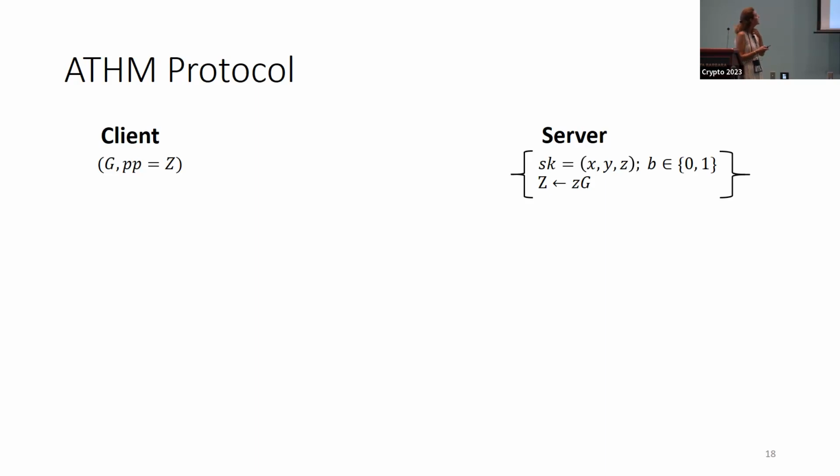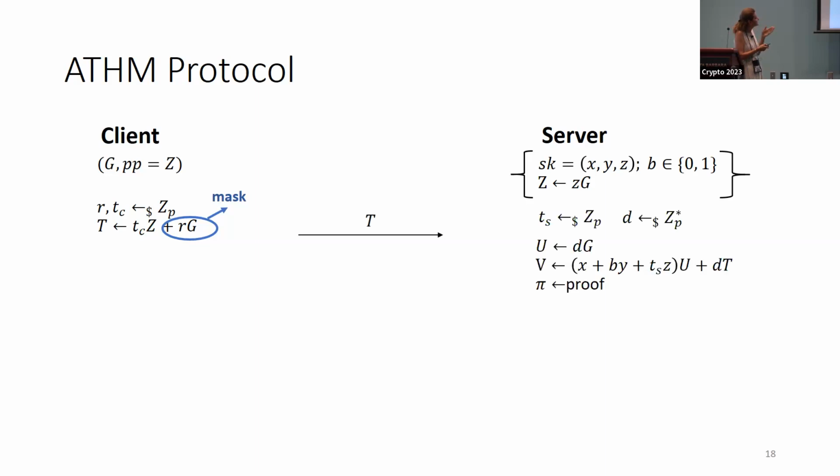They are hidden. The client starts the query by randomly picking its part of the tag, TC, and then uses a mask to mask the TC from the server. Then it sends this T to the server.